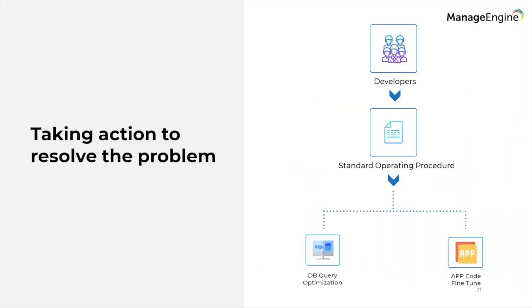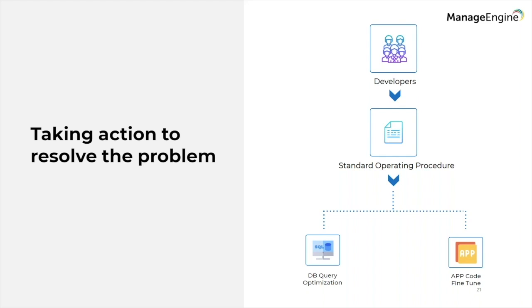So we have discussed finding the problems and fixing them. Now, taking action to resolve the problem. As we all know, the developers make rapid iterations. They develop new code, compare it, and troubleshoot it by modifying the SQL query. They try adding caching to enable faster performance, either web caching or code level caching.